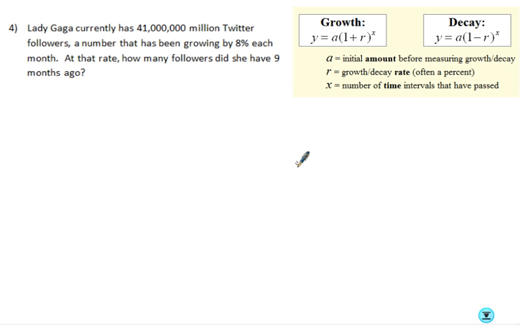So we're going to set it up a little similar, but then you're going to see that there's going to be something a little bit different. There's actually 2 different ways that you could solve this problem. I'm going to start with showing you one way, and then show you another way that you could look at it as well. It says that she currently has 41 million, so we're looking for our initial amount, which is A. So this would be our A, 41 million.